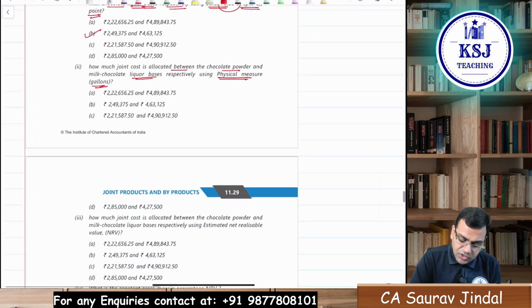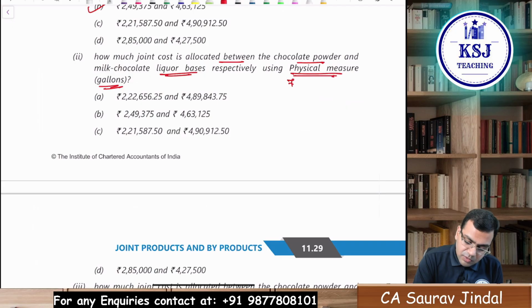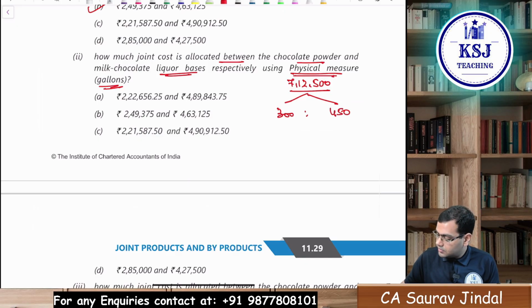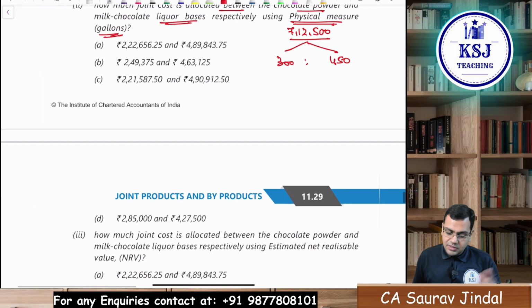So you will distribute 7,12,500 in the ratio of 300 to 450, right? So 7,12,500 divided by 750 into 300 comes to 2,85,000. That means we have option D.